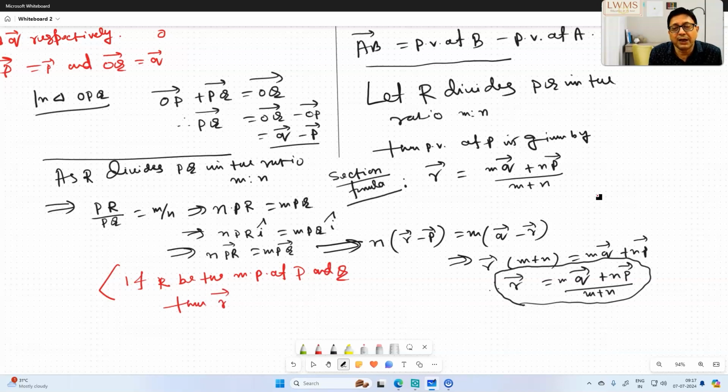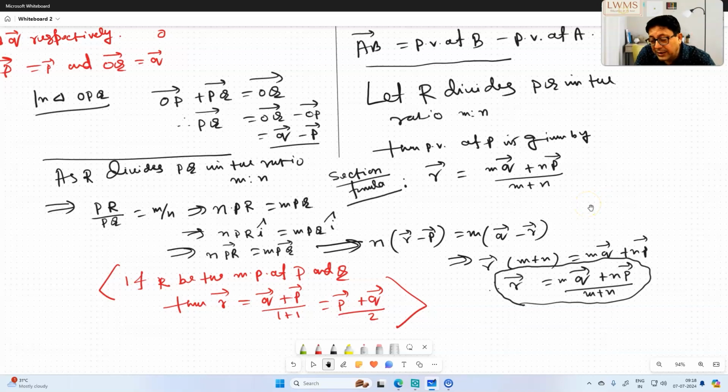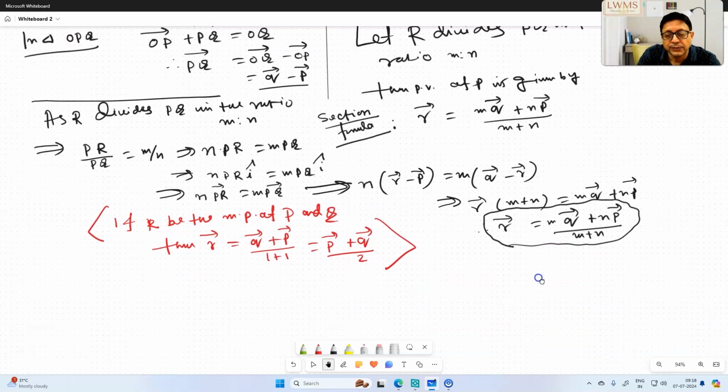Then you can write R equal to (Q plus P) divided by 1 plus 1. That is P plus Q, divided by 2. So this is the midpoint formula. This you keep in your mind. It will help you to solve many problems from vector. Although the section formula is not given in your textbook, you must know it.